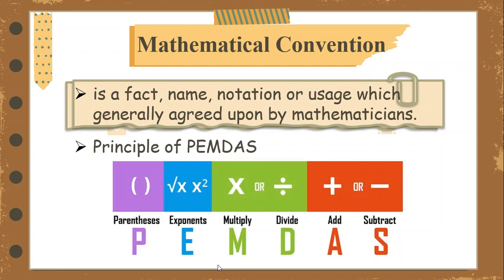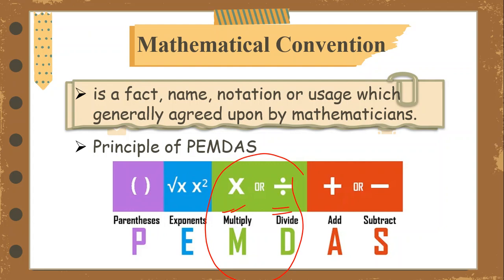When only multiplication and division are left, we solve from left to right, regardless of whether division comes before multiplication.